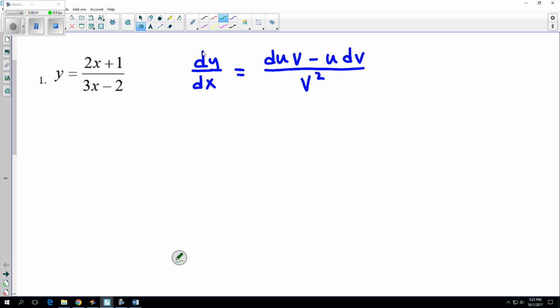Okay, so applying this, remember this is my u. I'm going to highlight that here to make sure that this is u. This is v, so that's going to be v's 3. And where did this come from? We derived it in the first lecture.